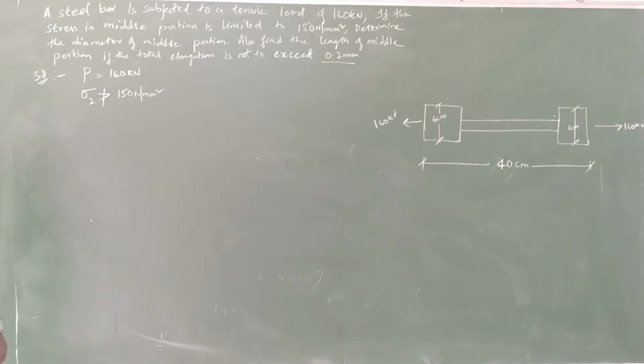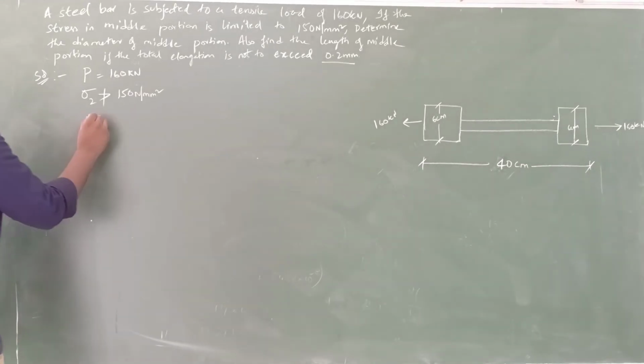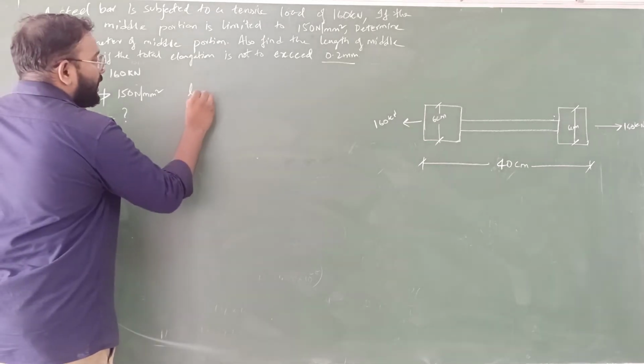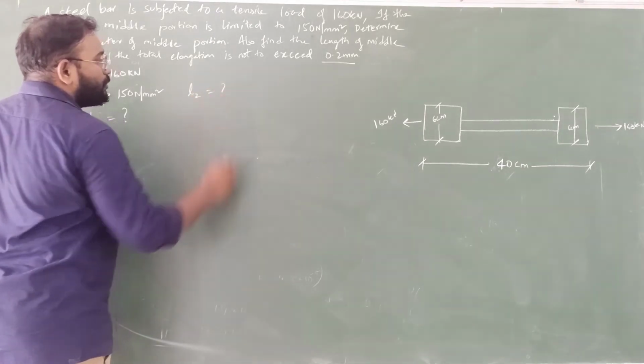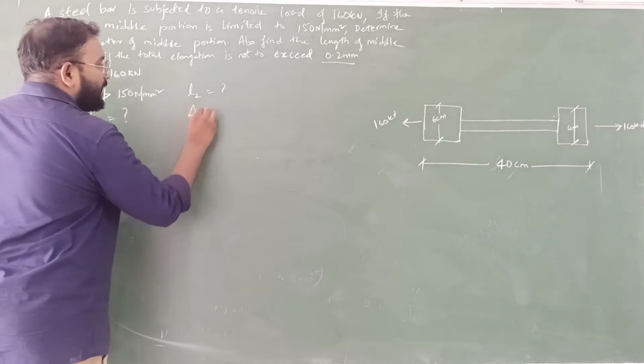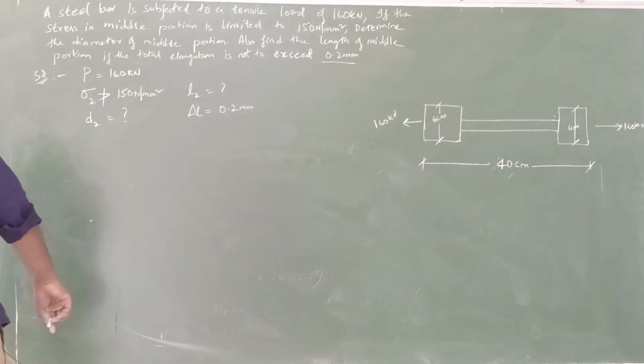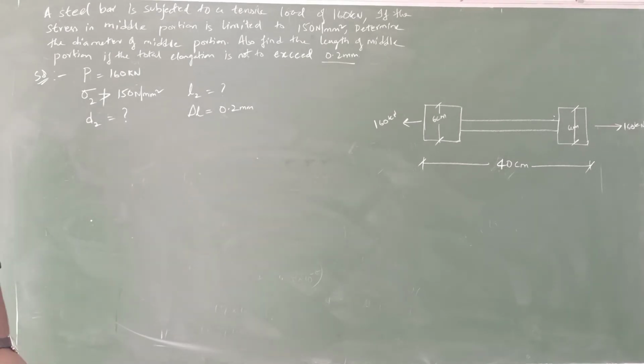Now determine the diameter of the middle portion. D2 is to be calculated. And also you want L2. L2 is also to be calculated if delta L is equal to 0.2 millimeters.